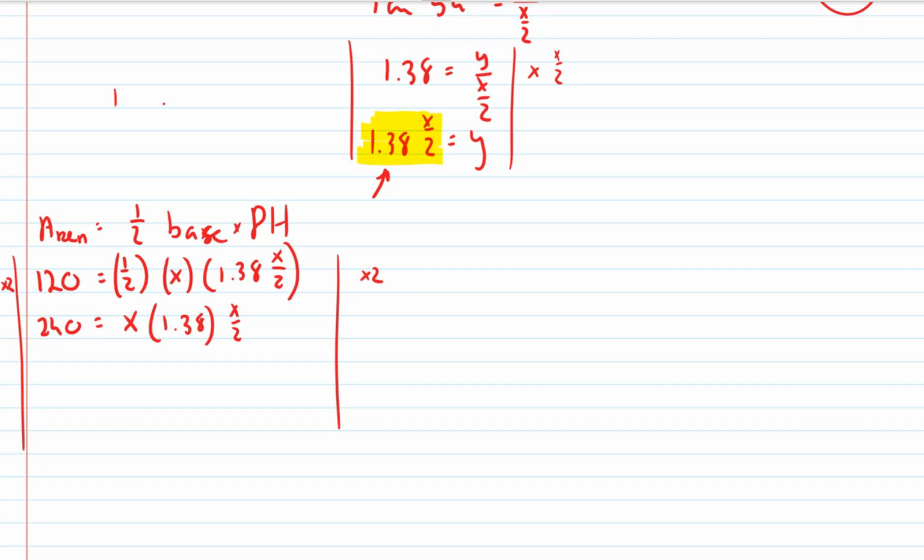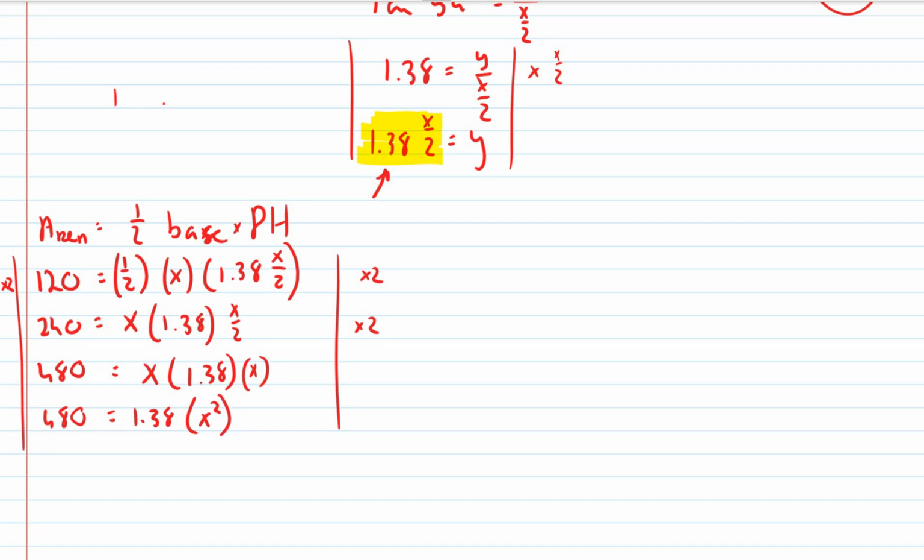Multiply by 2 again, I'll get rid of this 2. So I'll have x multiplied by 1.38 multiplied by x, and that equals 480. Just to type that up, 480 equals 1.38 multiplied by x by x, which is x squared.